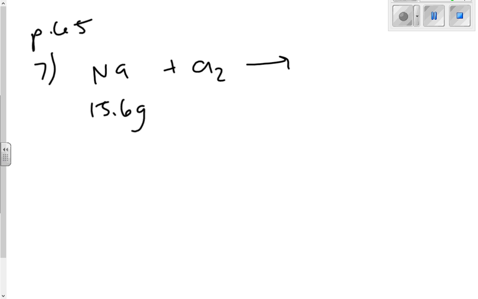You can write out the words like sodium and chlorine. When the reaction was complete, the student obtained 39.7 grams of sodium chloride. And the question is, how many grams of chlorine gas reacted?